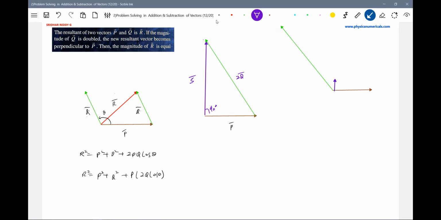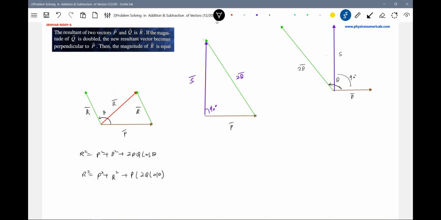Sir, can you show R bar? R bar is here anyway. The same diagram. This is 2Q bar, this is P bar. The angle between the vectors didn't change. It remained the same. Only the resultant has become 90 degrees.